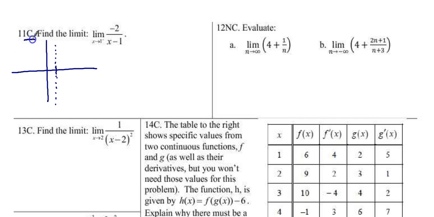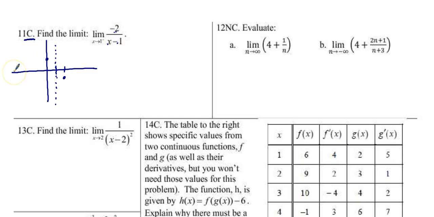If you don't know, I made this a calculator question, so you should graph this. If I plug in 1, I get 0 in the denominator. If I plug in 2, you get negative 2 over 2 minus 1, negative 2 over 1, so I'm at negative 2. If you plug in 0, you get negative 2 over negative 1, which is positive 2.